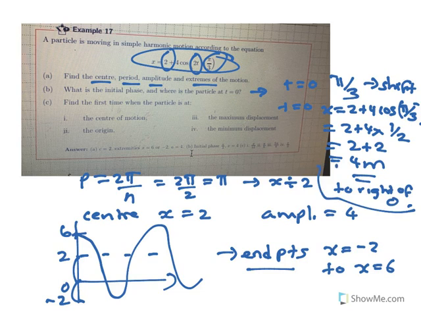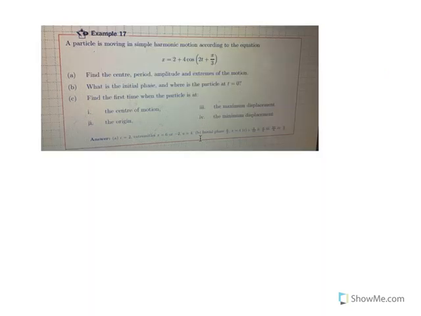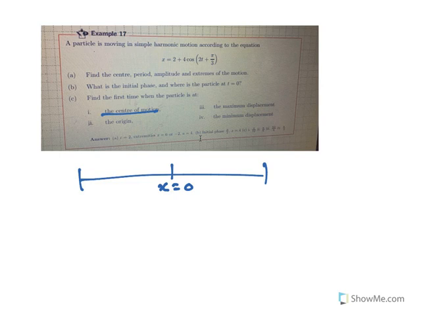That's its position. Okay, find the first time when the particle is at the centre of the motion. So the centre of the motion, that's here. For this one here, the centre will be at x equals 2, because it oscillates about 2.